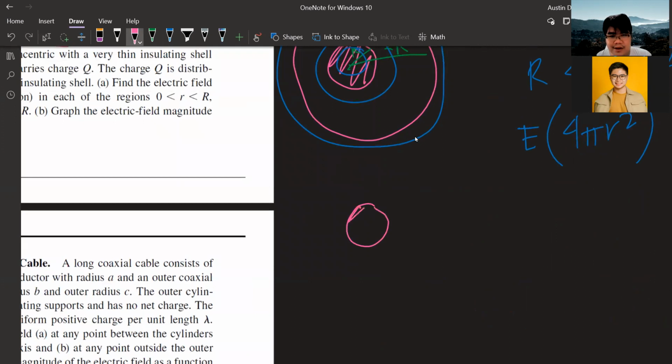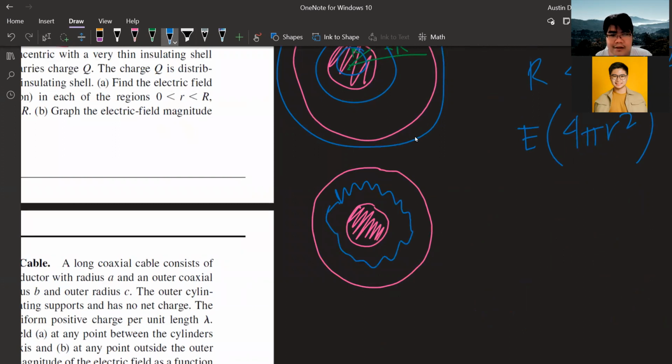Meron kang solid sphere, tapos meron kang thin shell. Okay, so inside here, walang material. Walang material dito. This is vacuum. Gets ba yung system? Ayun ba yung tanong mo kung bakit walang dito? Walang nakuha charge dito.